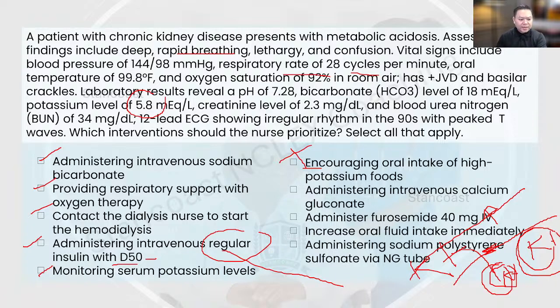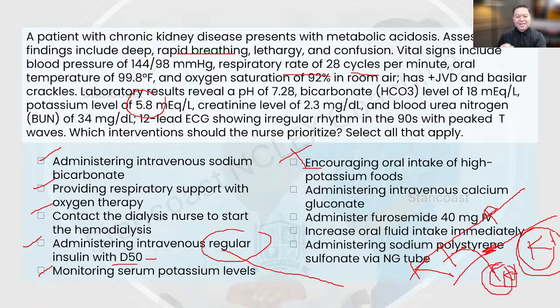Now, let's take a look here. Administer intravenous calcium gluconate. Now, I really want you to remember in your pharmacology, what is the role of calcium gluconate in the treatment of metabolic acidosis with hyperkalemia? Ask yourself right now. Well, the reason for that is because the calcium gluconate can help stabilize the cardiac cell membrane potential.